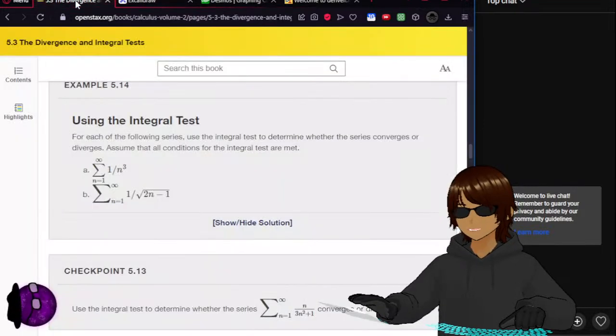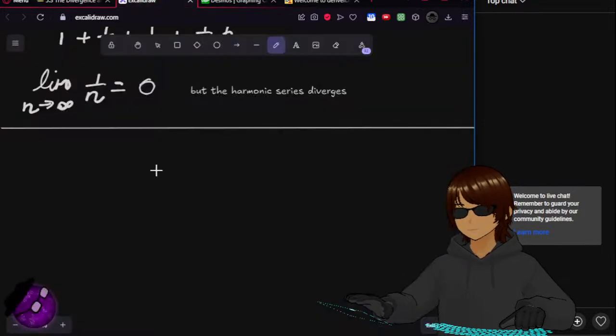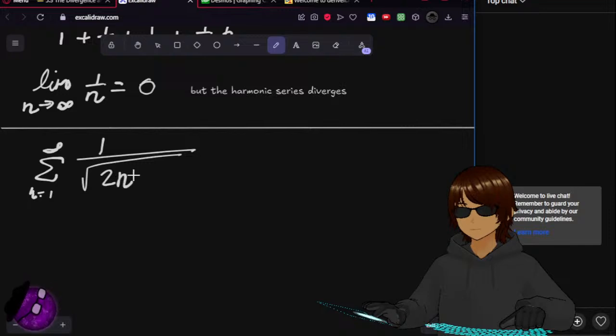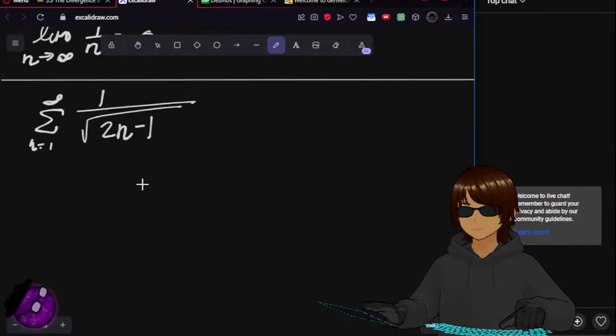Where does it start? From 1. 1 over root 2n minus 1.